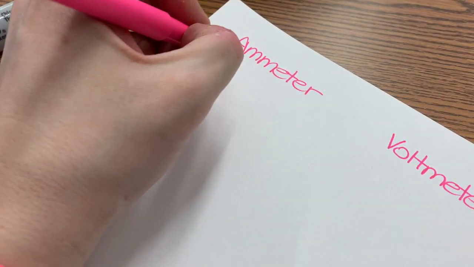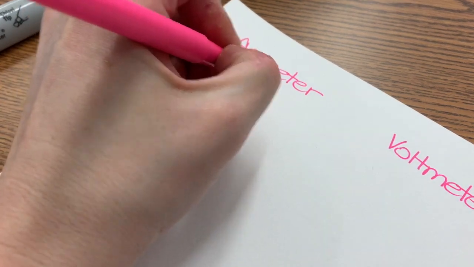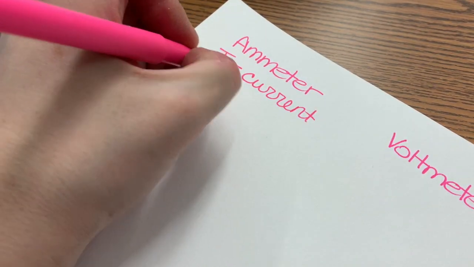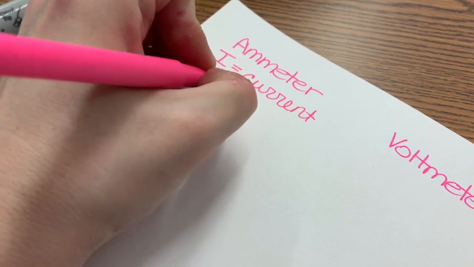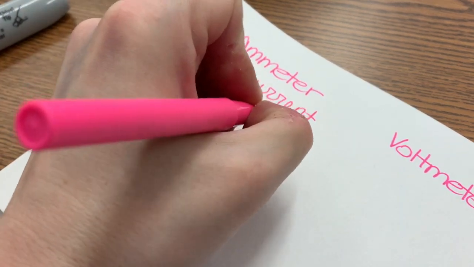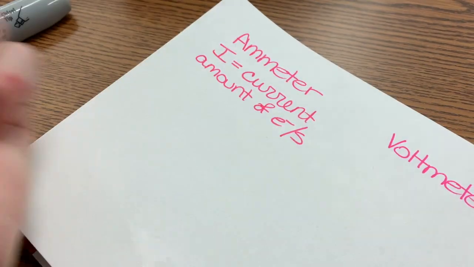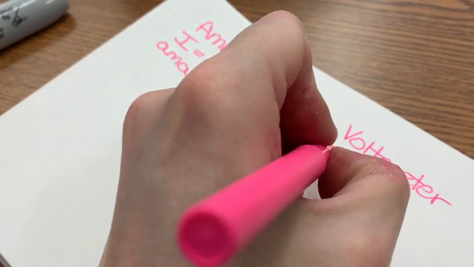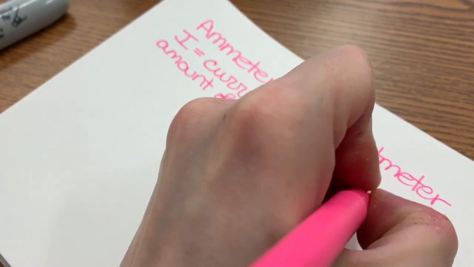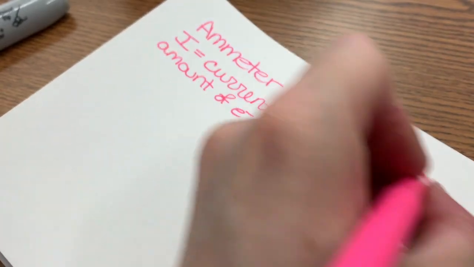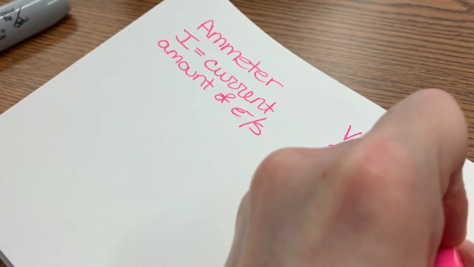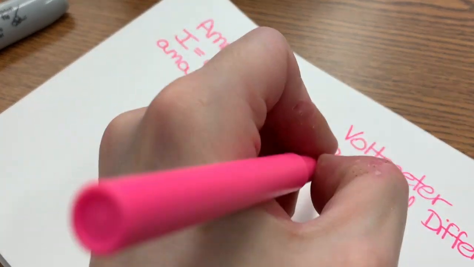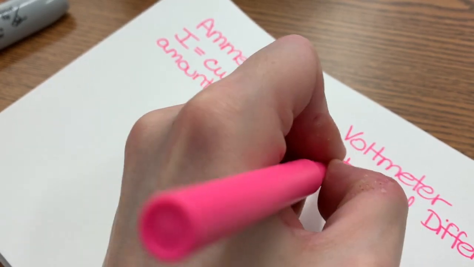So our ammeter measures our current, and this is the amount of electrons per second. Our voltmeter measures the potential difference and it's going to be measured in volts.